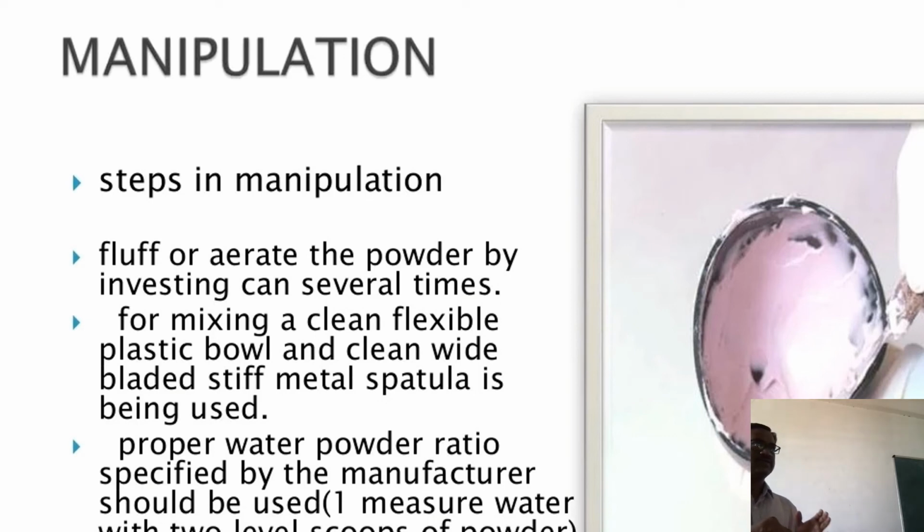Understood? So around 60 seconds you have to mix it. Mixing time is around 1 minute. First is stirring motion, then wipe around the walls. Understood? Then figure of 8 for 10 seconds. Then once again we wipe around the walls, collect the material and load the tray.